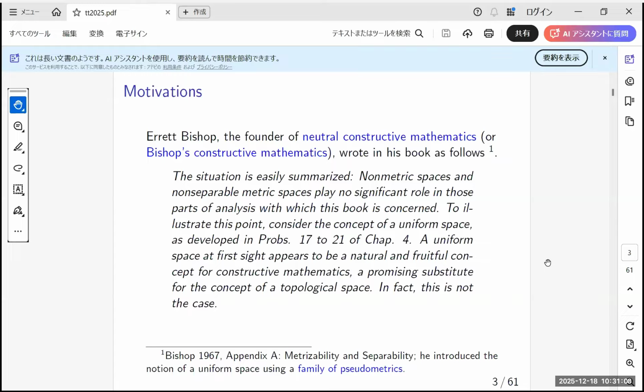But he said a uniform space at first sight appears to be a natural and fruitful concept for constructive mathematics, promising substitute for the concept of a topological space. But he is very negative. In fact, this is not the case.